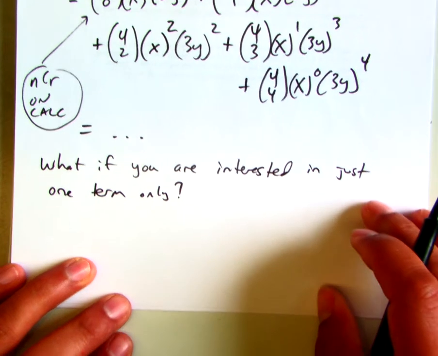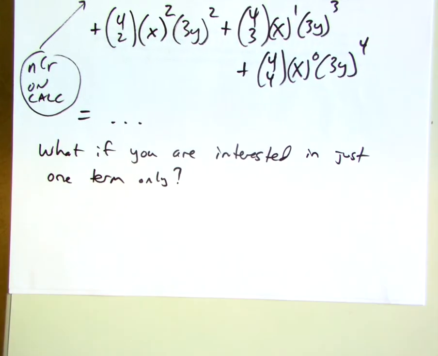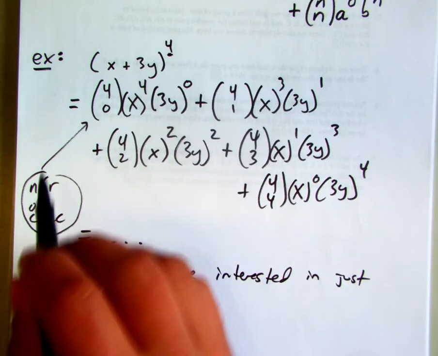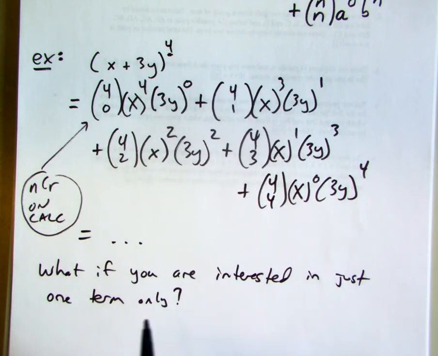Occasionally you might want to know, what's the third term in the expansion look like? Or what's the coefficient in the 8th term? In which case, you don't have to do all this, and you don't have to waste 10 minutes doing a triangle to get down to what number you need.